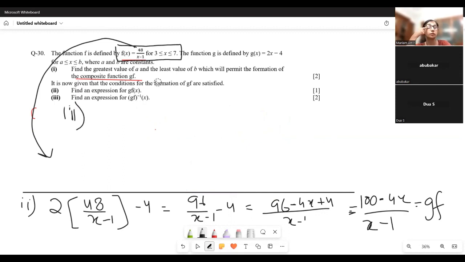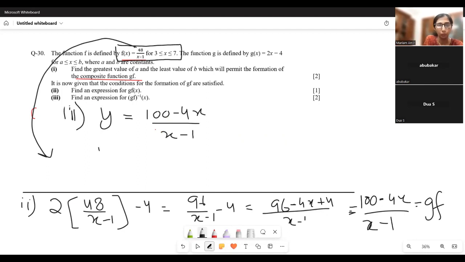Find the expression for gf inverse. Okay, so y equals 100 minus 4x upon x minus 1. We're going to make x the subject. yx minus y equals 100 minus 4x.